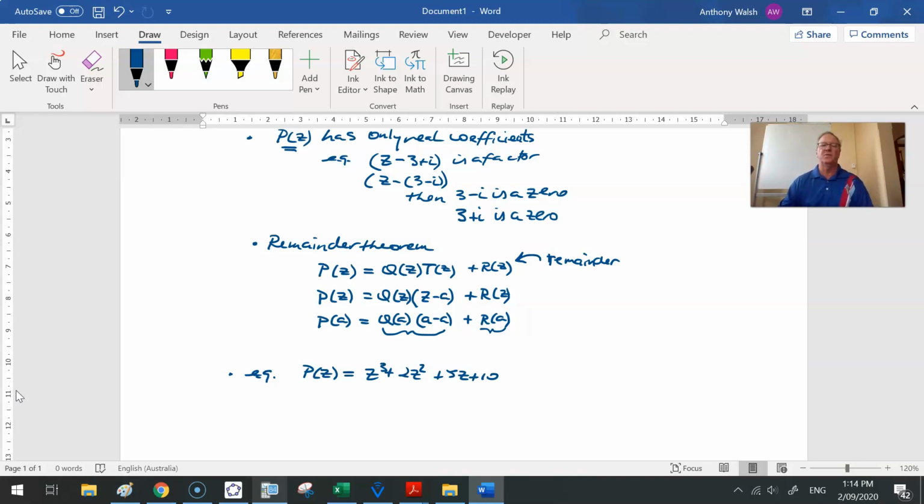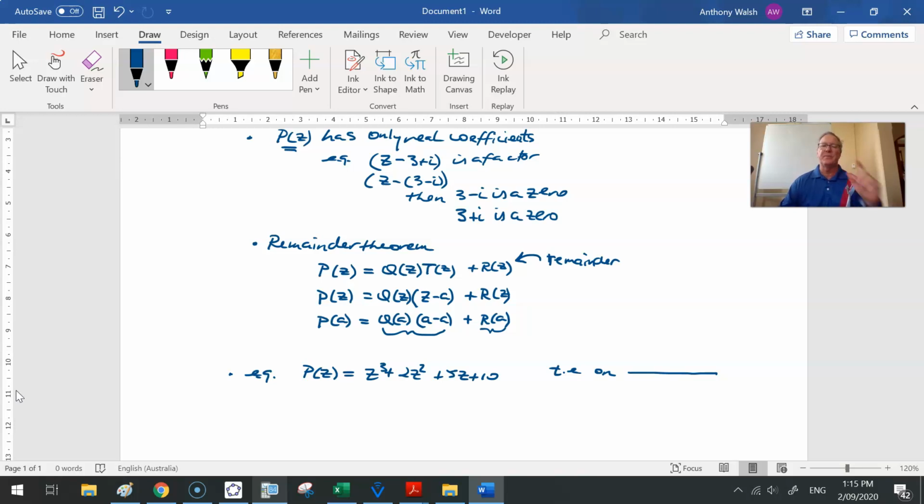The first thing that you want to do is look for values of z that you could put into this polynomial to see where it equals 0. If you do that and it does equal 0, you know you have a zero and you can find a factor from there. And you do a bit of trial and error on factors of the constant term divided by factors of the leading coefficient.